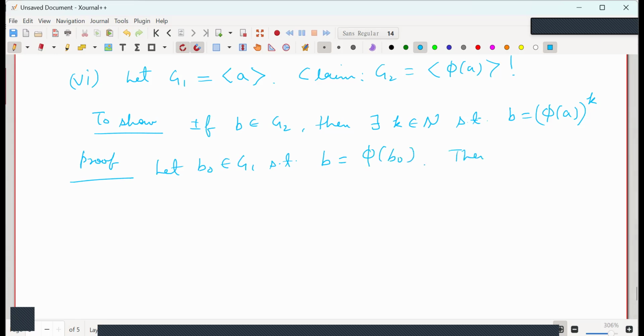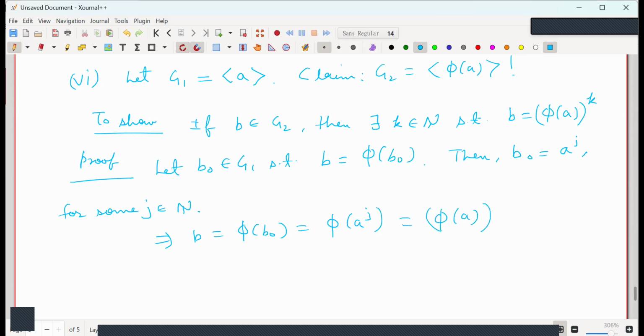Then B naught should be equal to A power some J, I'm not using the same notation, for some J belongs to N. This implies B is equal to phi of B naught, which is phi of A power J, and that is phi A raised to J, right? And that's it.